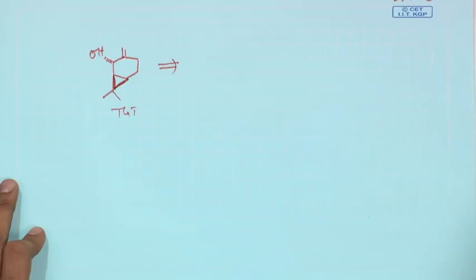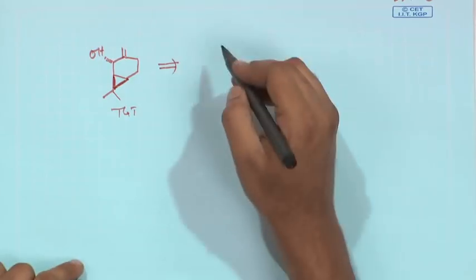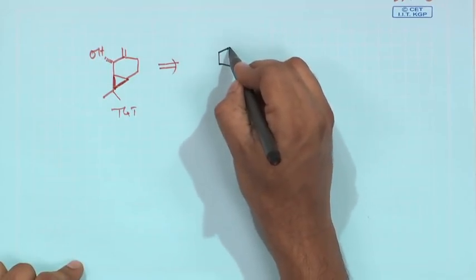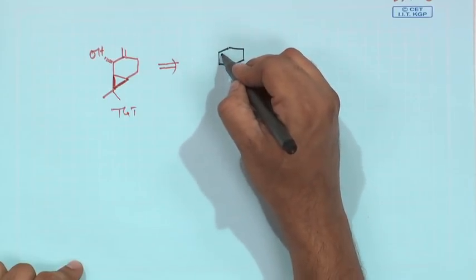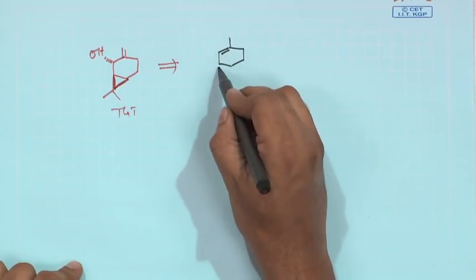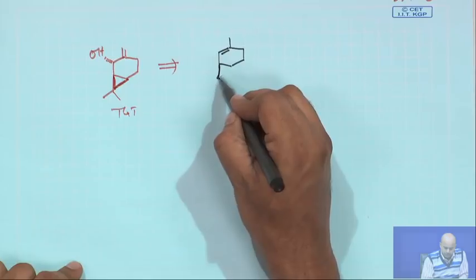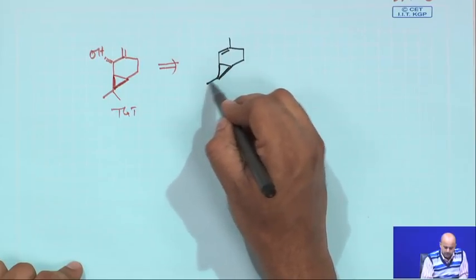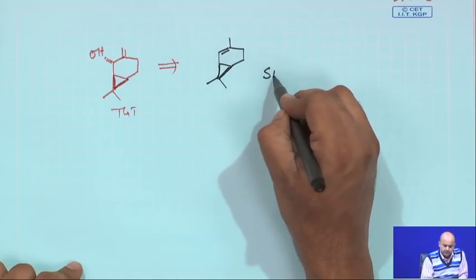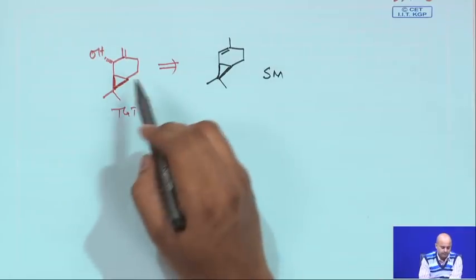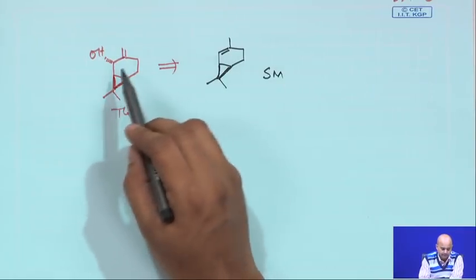The starting material which was given here has almost similar connectivity, and the number of carbons is everything same.